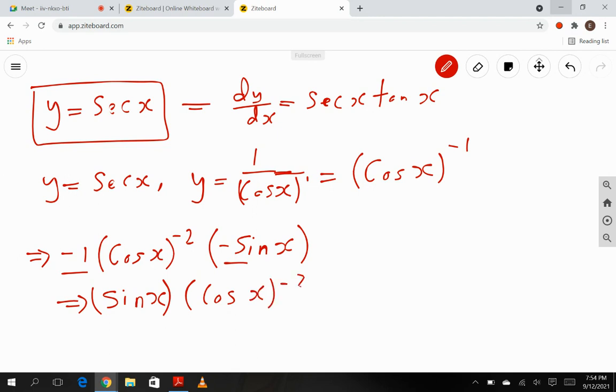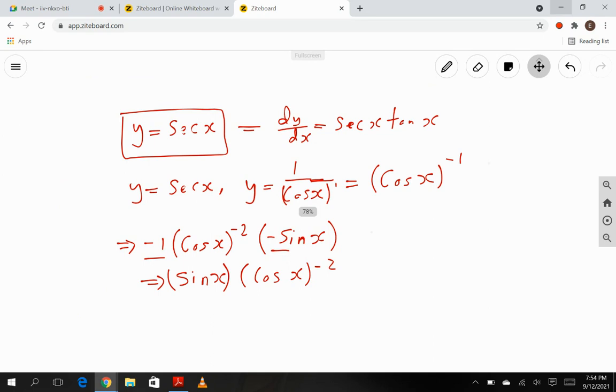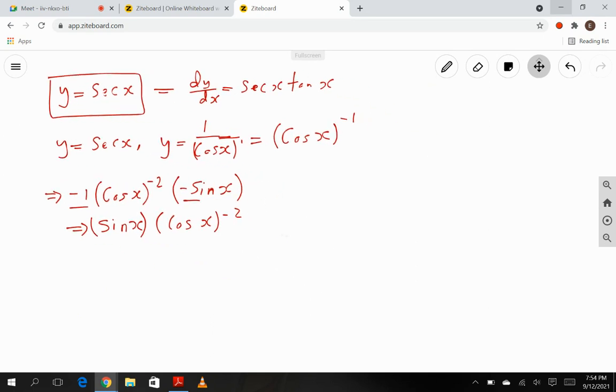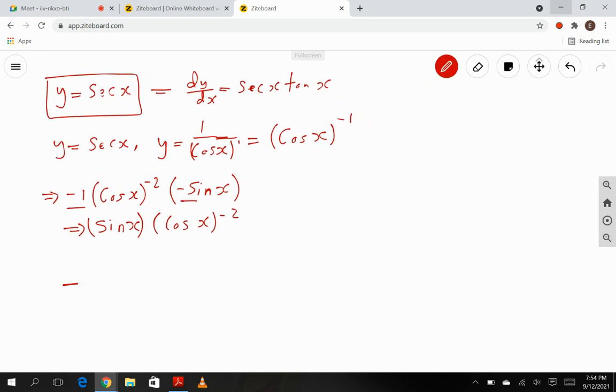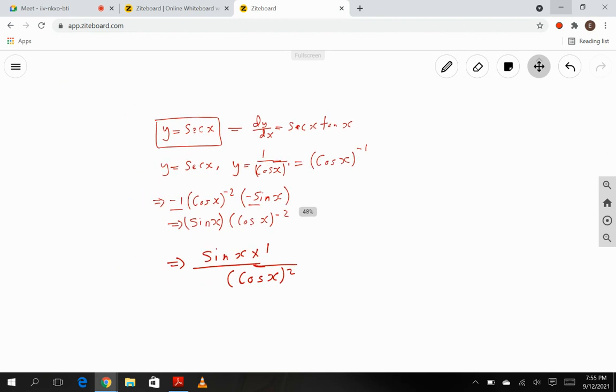And -2. Now remember, since that's -2, we can make the cos, write it in the way that it was, by saying sine x over, remember we can write 1 over what? Cos. So when the cos goes down, that power becomes a positive power, right?